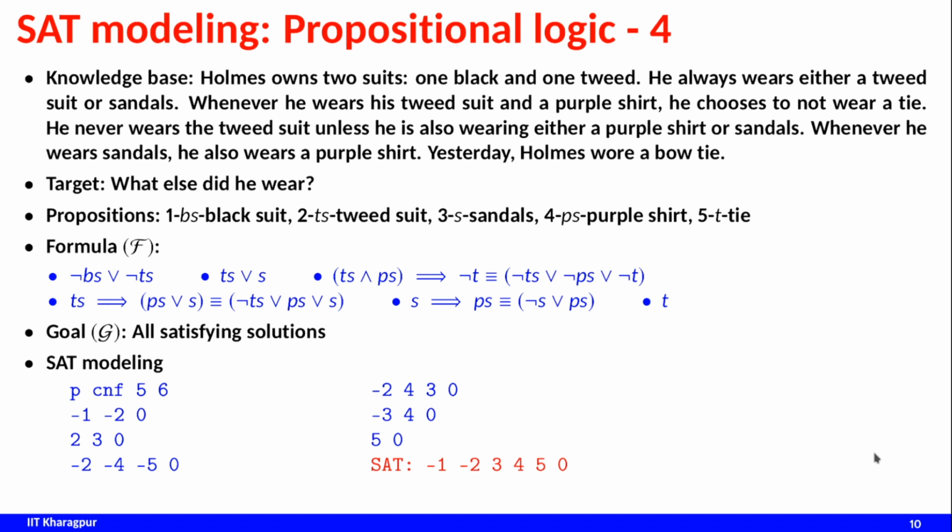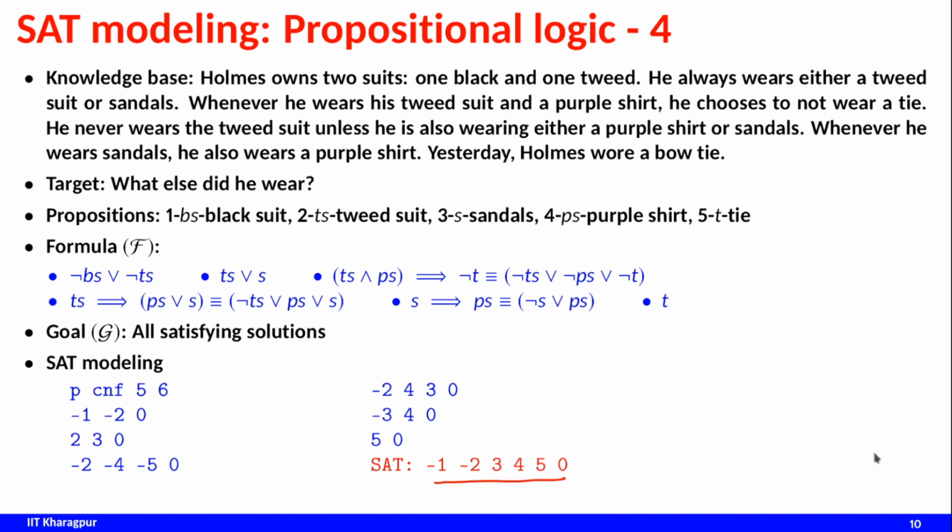So this is one satisfying solution. There can be other satisfying solutions. If I want to find other satisfying solutions, I need to consider this solution, negate it, and add it into the knowledge base so that this solution is not generated further.